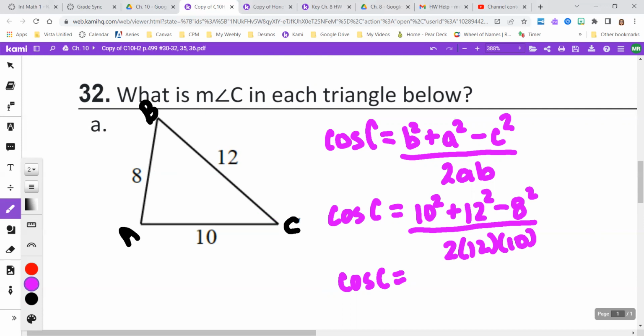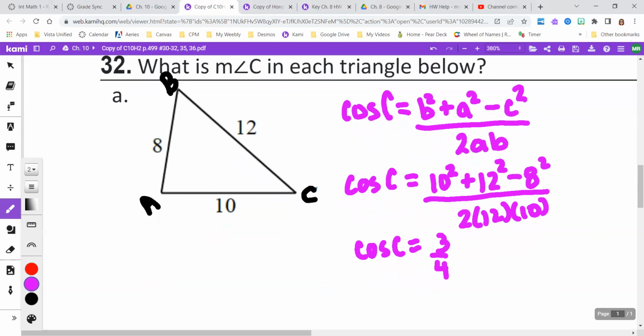I ended up with 3/4 if I did it as a fraction. Now, that's not my angle. That's what the cosine of that angle is. To find the angle, I need to do cosine inverse.